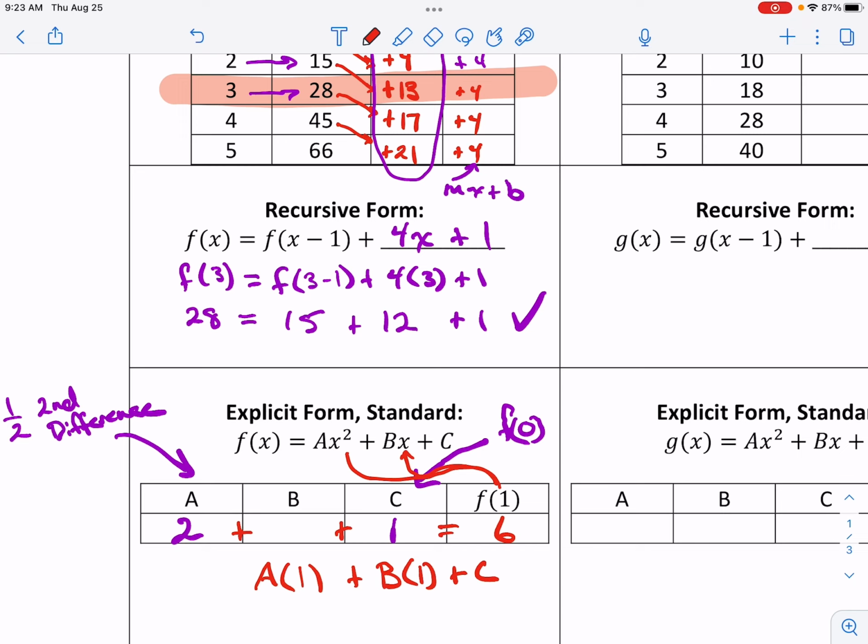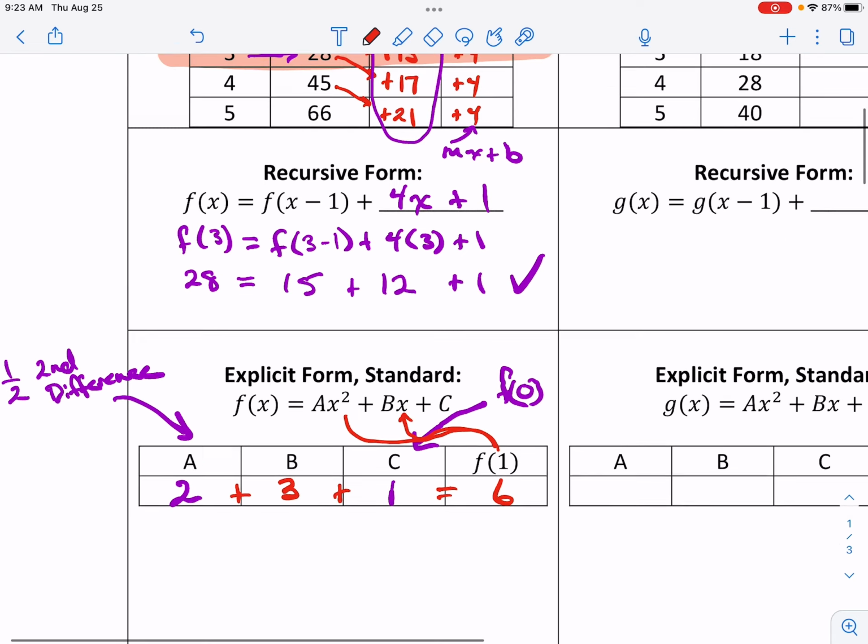And when we multiply something by 1, it won't change. Therefore, we know a plus b plus c will equal f of 1. So here we have 2 plus 1, which is 3. So I'm going to need 3 more to make 6.